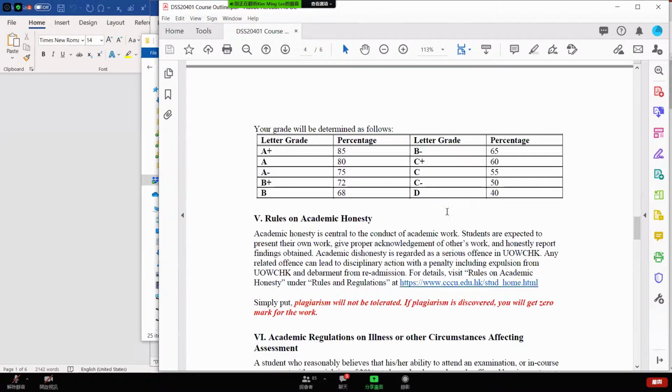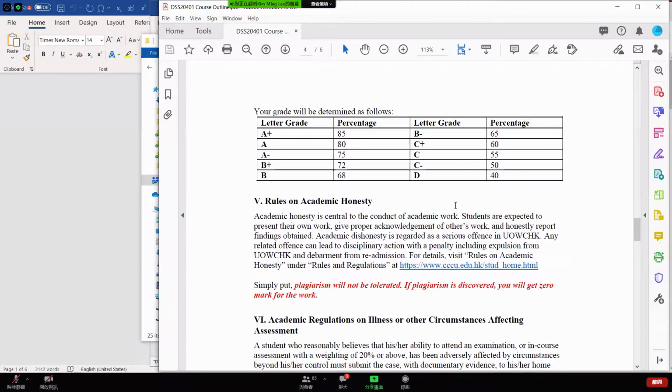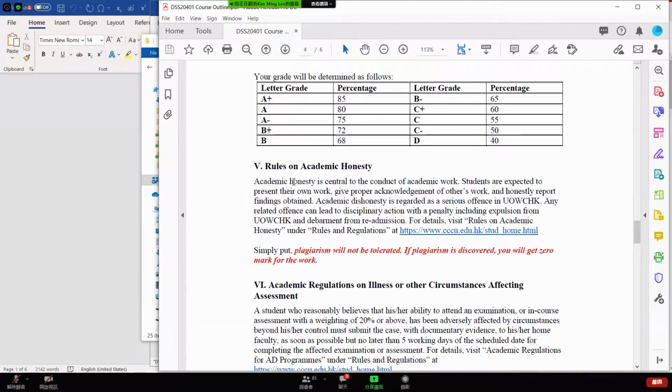Something important our associate dean wants me to emphasize in all of my courses. The first one is rules on academic honesty. Plagiarism will not be allowed. So when you do your proposal or whatever papers, you need to do referencing, especially in-text citation.